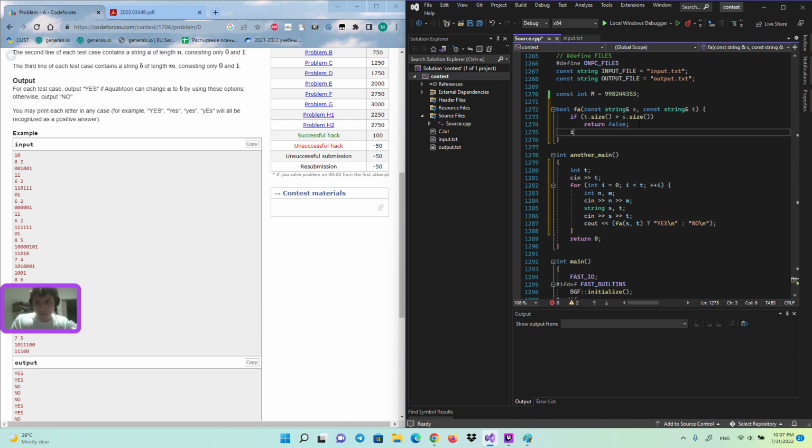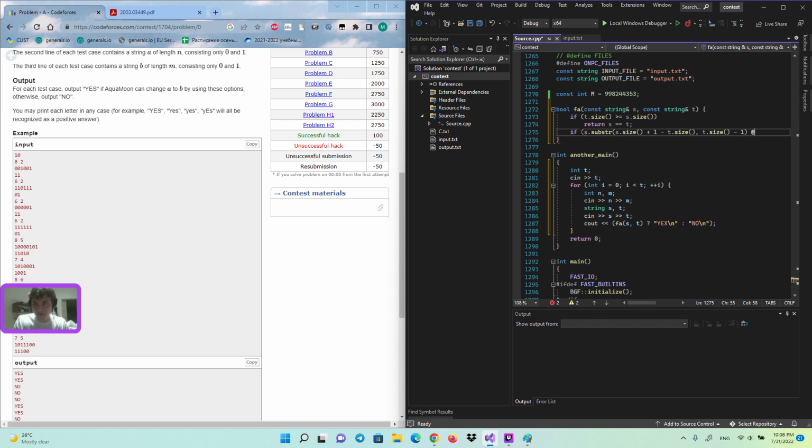So if T dot size equals S dot size, return S equals T. Okay, then we can assume that T is shorter than S. In this case, we do the following: we take a substring of S that starts at S dot size plus 1 minus T dot size, and of length T dot size minus 1.